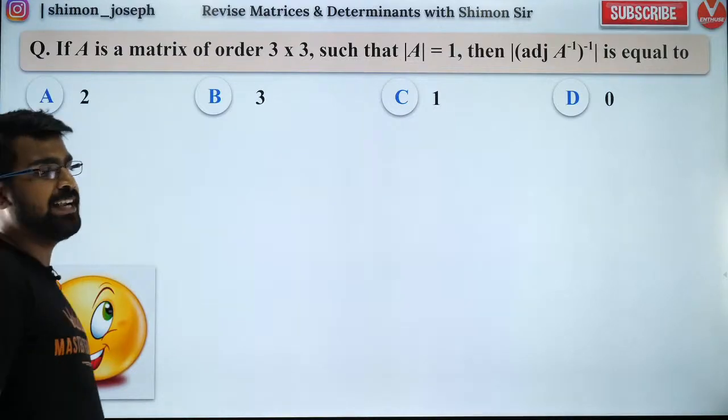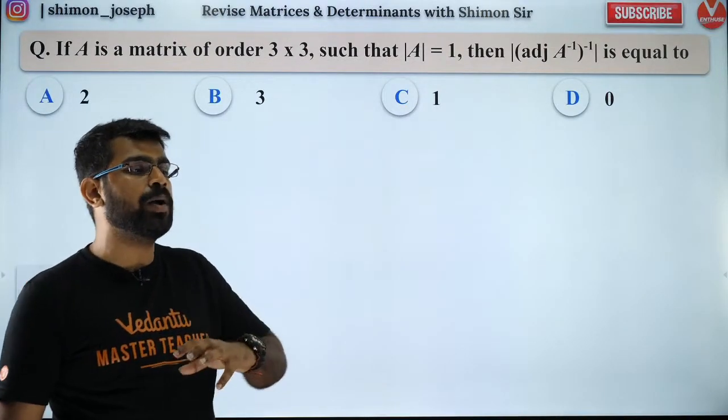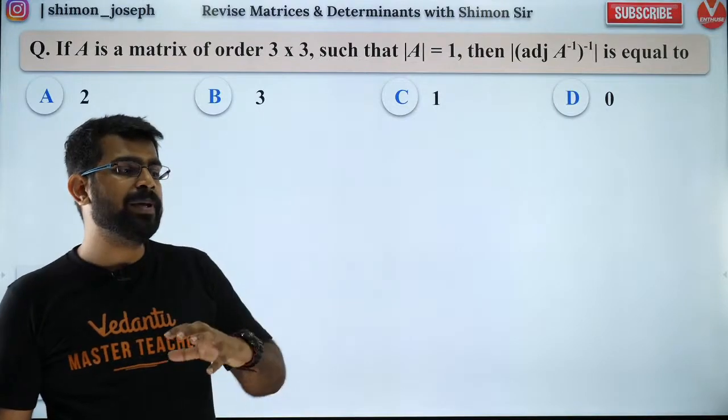Yes, yes, Aishwarya. It will either be plus 1 or minus 1. It cannot be both.